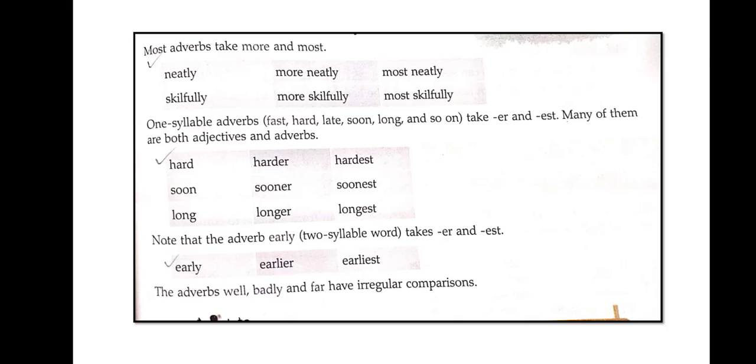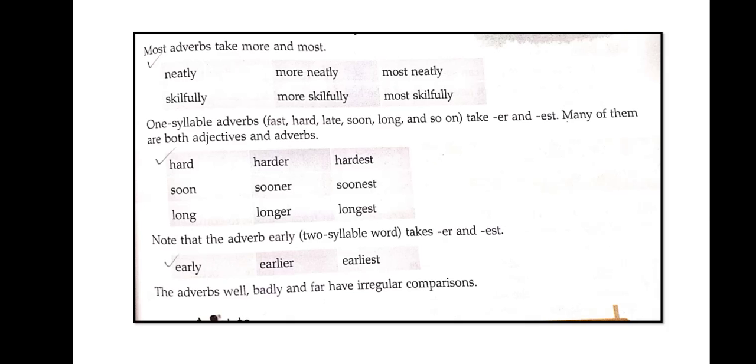Many of them are both adjectives and adverbs. Here we have examples in the box: hard, harder, hardest; soon, sooner, soonest; long, longer, longest. Note that the adverb early, a two-syllable word, also takes er and est. So early, earlier, earliest. This way we have to write.